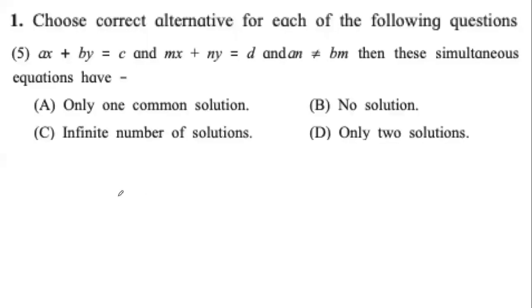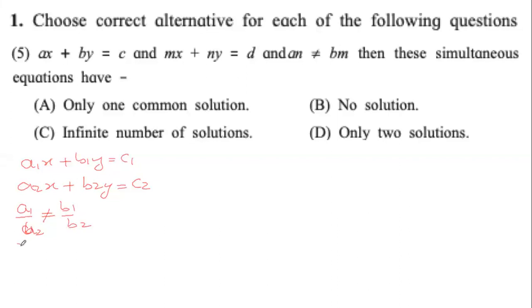This is not clearly given in the textbook, that we need to know that if the two linear equations in two variables are a1x plus b1y equals to c1 and a2x plus b2y equals to c2, then there are three conditions. The conditions are: a1 by a2 not equal to b1 by b2.